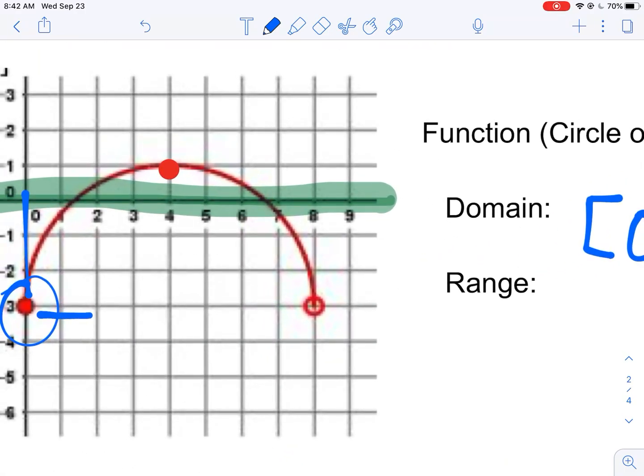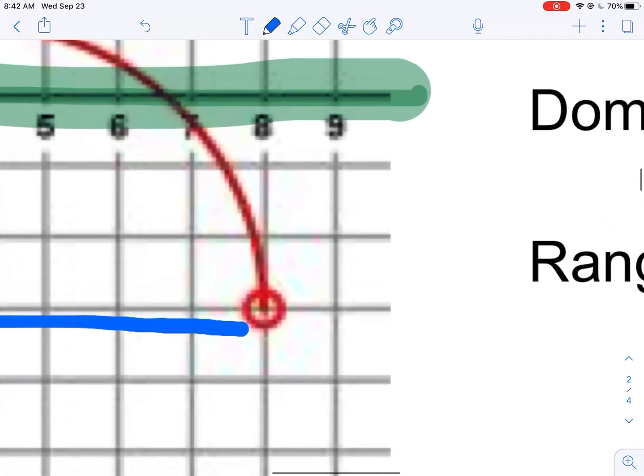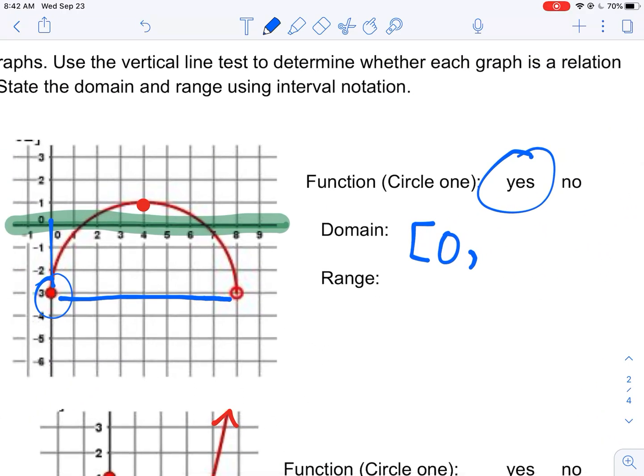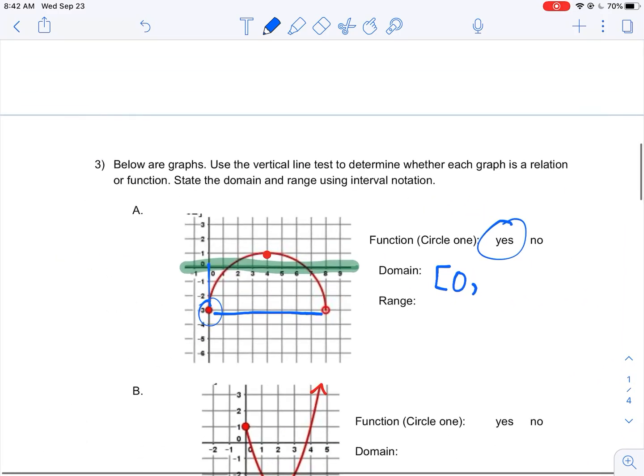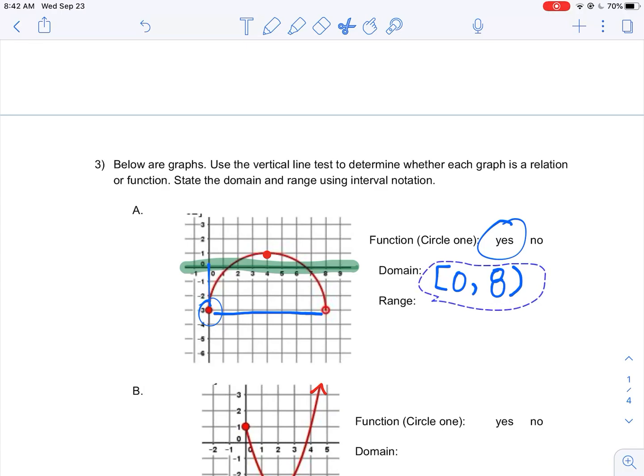Now you notice my function extends all the way across, all the way to here, and that's where it ends. This dot is open, it is not colored in. So you'll notice that this ends on the 8 here on our x-axis, and since it's an open dot, not closed, I'm going to go with parentheses, because it doesn't include the 8. It means everything up to, but not including, 8.